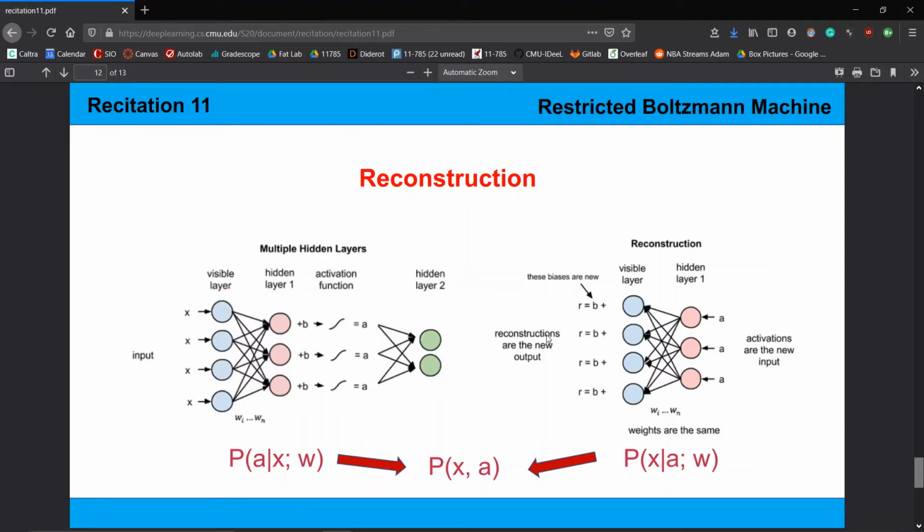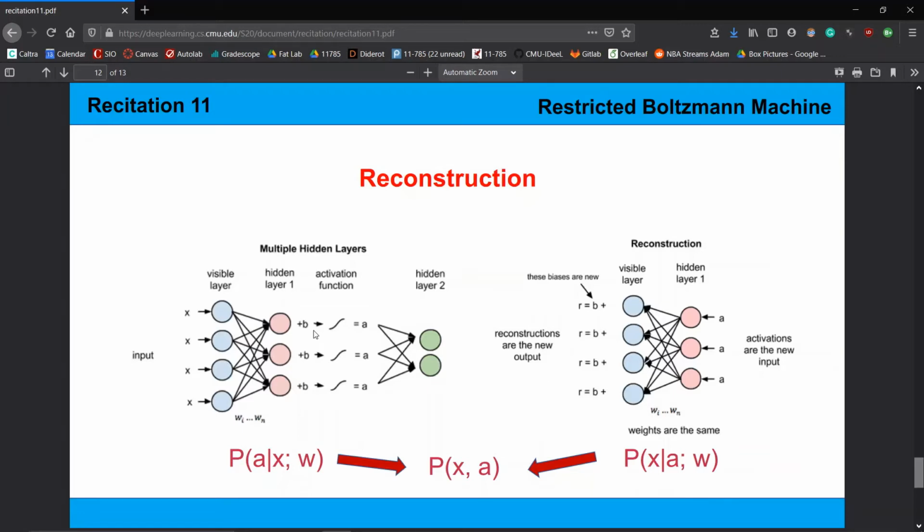The hidden biases in the forward pass produce activations, while the reconstruction biases help for RBM reconstruction on a backwards pass. From a probability perspective, you make predictions of activations based on weights and inputs.